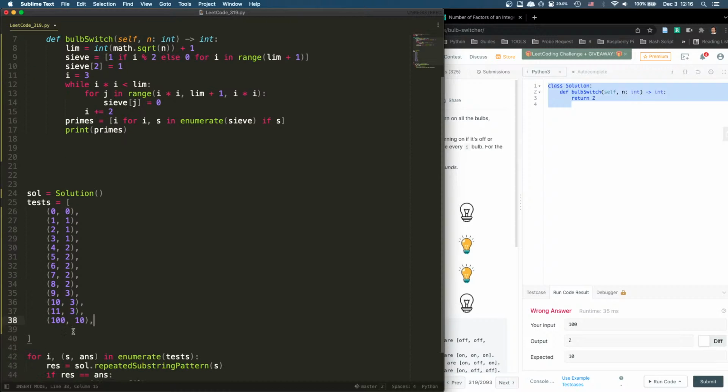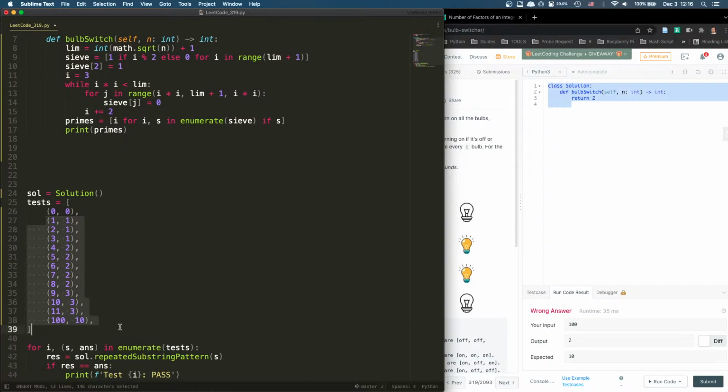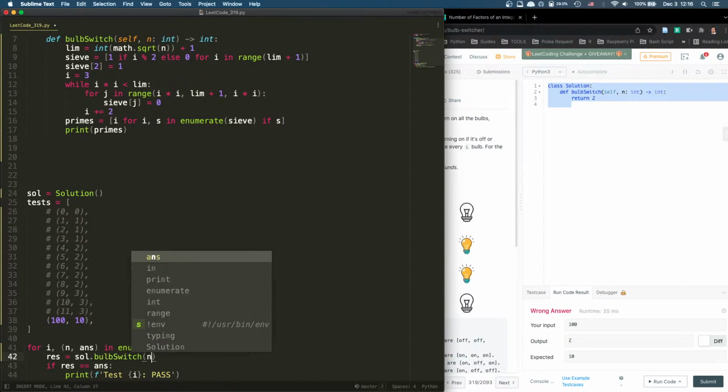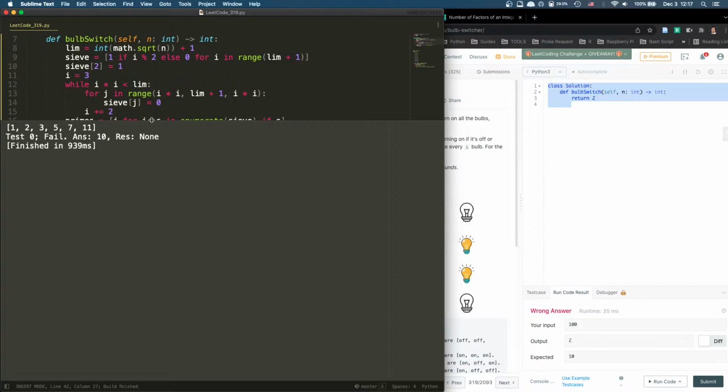Okay, that's my test cases. But now I'm just handling, let's do 10. So this is n, bulb switch n. So I just want to find out.